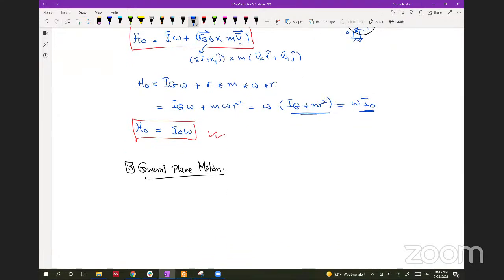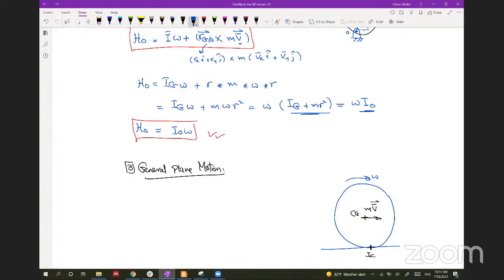Okay, for general plane motion, let's assume that we have a wheel something like this, and this wheel is making an omega in this direction. So when it makes an omega in this direction, it will have an m v bar vector, something like that. And this is an instantaneous center of zero velocity, and this is the CG.